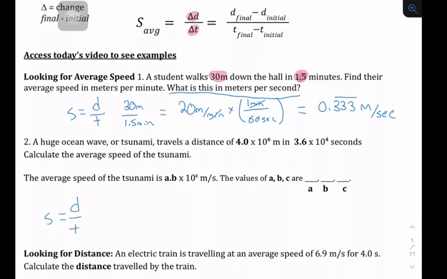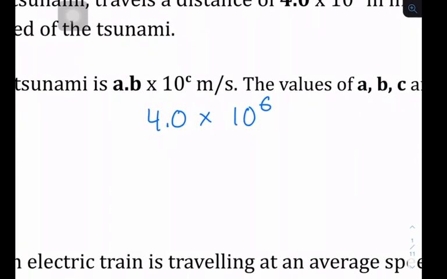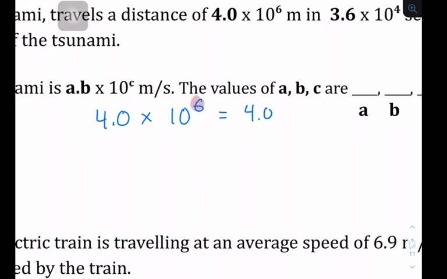To convert our distance, which is 4.0 times 10 to the power of 6, we remember that we just need to move our decimal place over as many times as there are in that exponent, because we're almost multiplying it by 10, 6 times. So we would move it over once, twice, 3 times, 4 times, 5 times, 6 times.